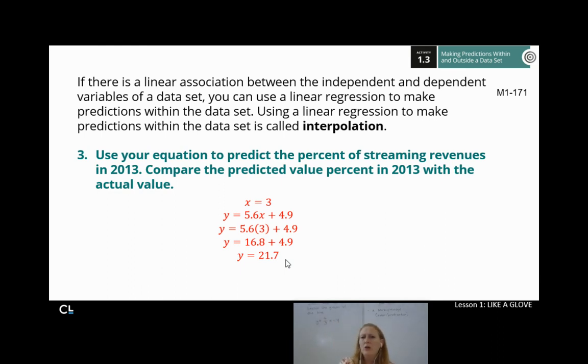Now, according to our line of regression, our line of best fit, 21.7% of people should have been streaming. That should have been the percent of streaming revenues in 2013. But if you look at the table, it said 21%. So the prediction is a little higher than what the actual sales were. No big.